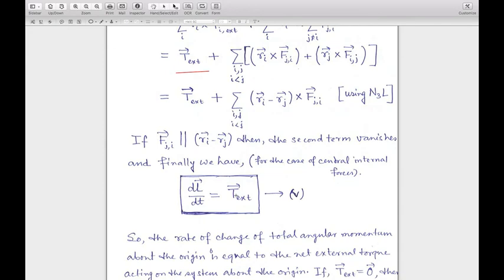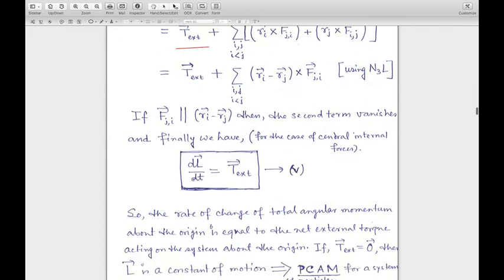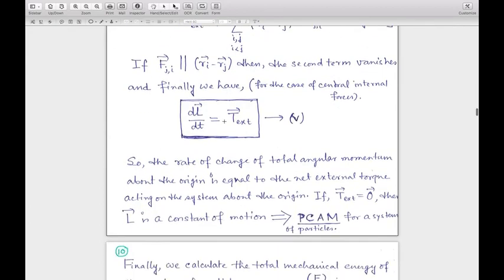And for those types of systems, you have dL/dt equal to simply the external torque. So the rate of change of total angular momentum about the origin is equal to the net external torque acting on the system about the origin, of course given for the case of central internal forces.